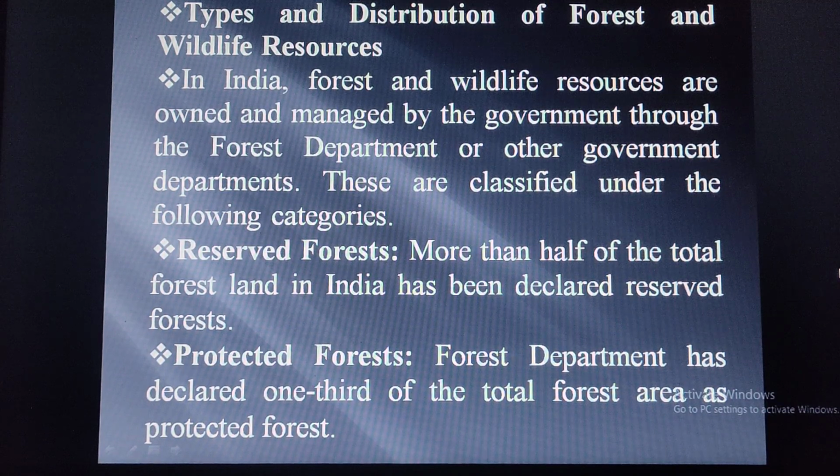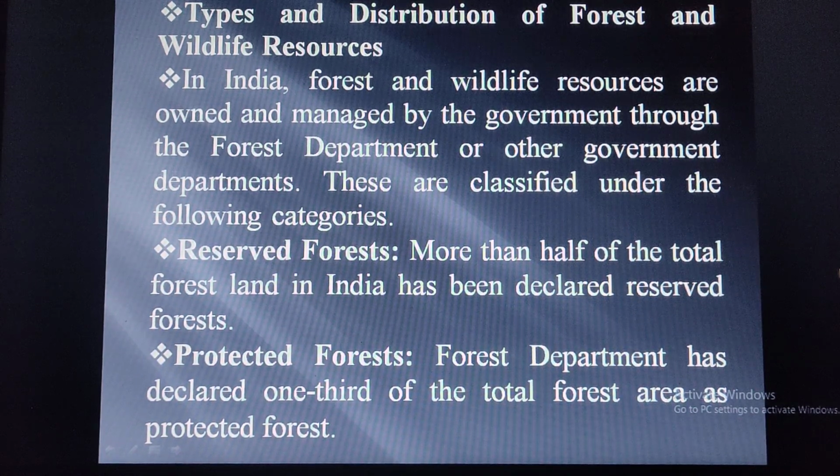The forest department has declared one third of the total forest area as protected forest. Let us move forward.